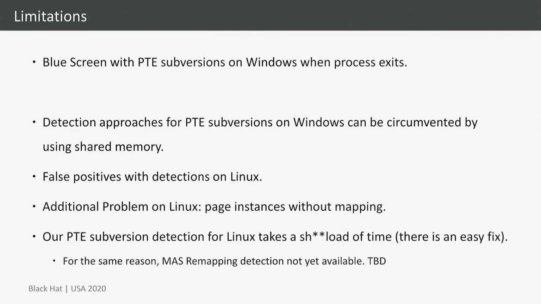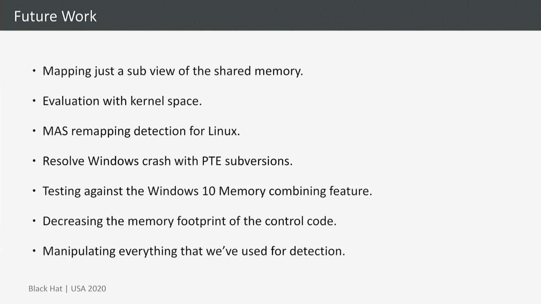The main reason is that we have not yet implemented the MES remapping detection, because the same approach for that is also used to speed up the PD subversion. So as soon as we have implemented that, also the PD subversion detection should be faster, but at the moment it's quite slow.